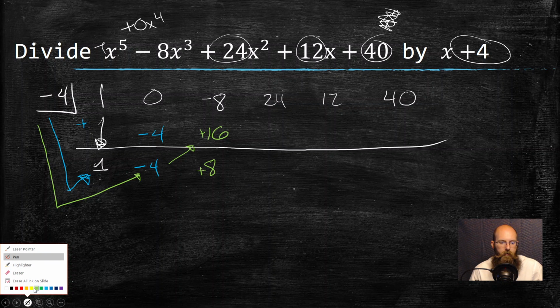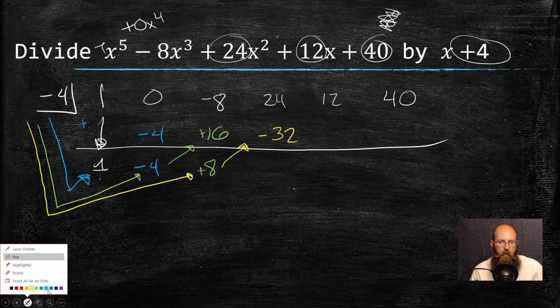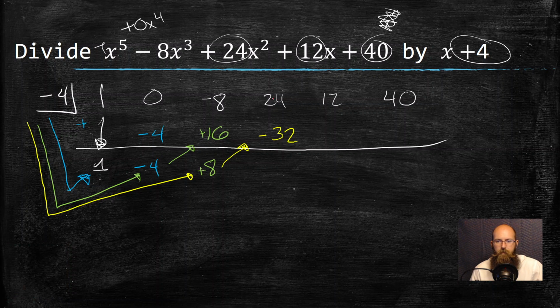Then, let's do yellow. I take this negative 4 and I distribute it to this. Oh, I shouldn't have put yellow and green next to each other. Those are really close together. And I get a negative, and that's 32. I add those up. 24, negative 32, and that's 8.